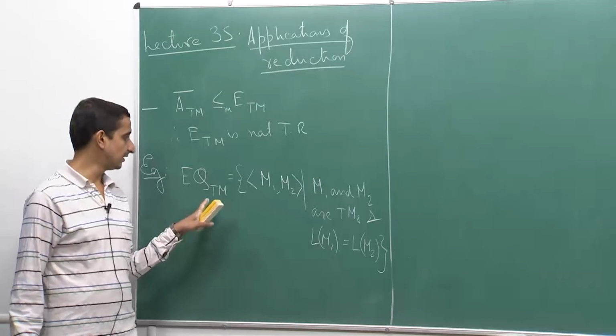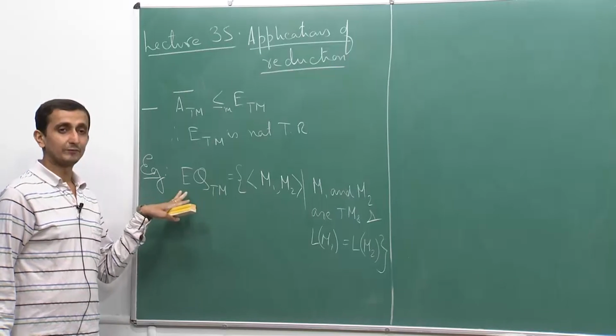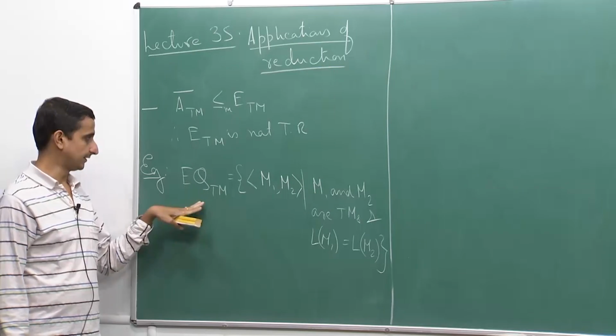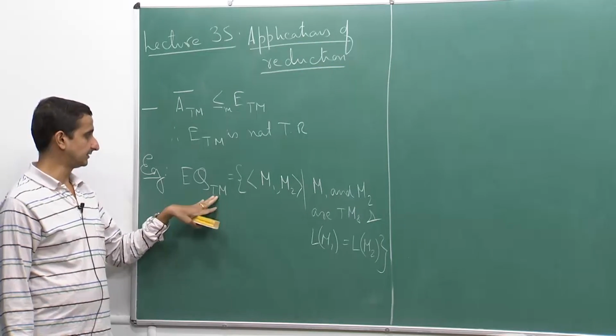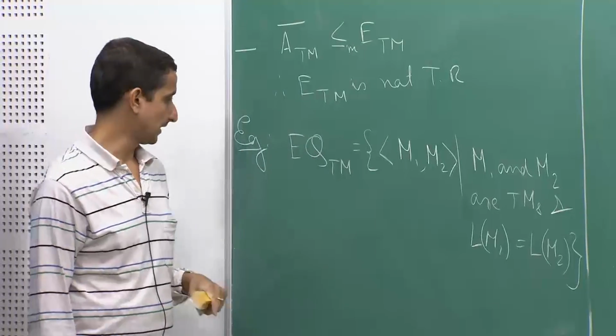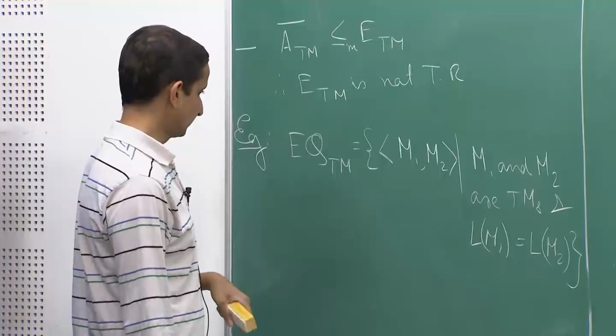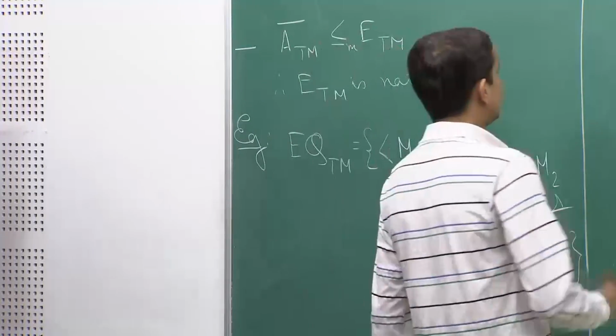This is similar to the languages EQDFA and EQCFG that we had seen earlier, but in this case we will show that this is undecidable. So, how do we prove this?